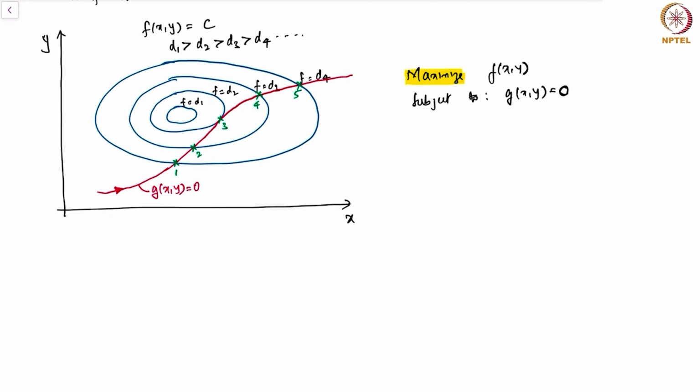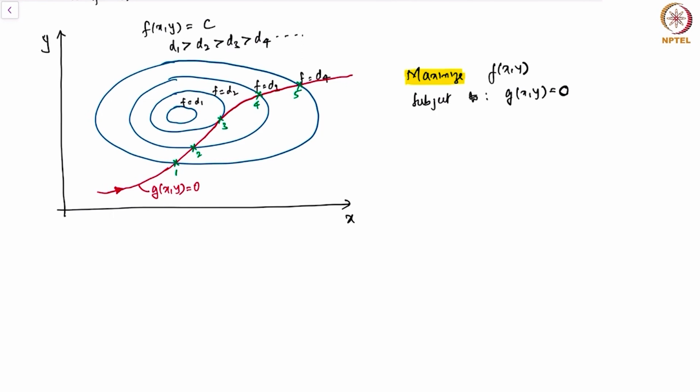Now notice that if you walk along this constraint, that is g as shown in the red arrow, and you maximize f of x comma y while also on the constraint, then you should just barely touch, meaning the constraint g of x comma y should just barely kiss one of the contours of f of x comma y.